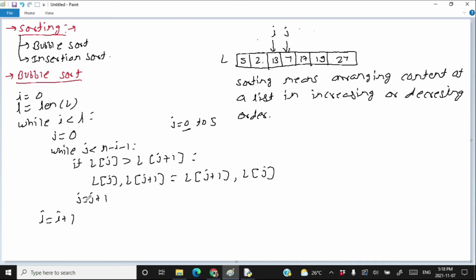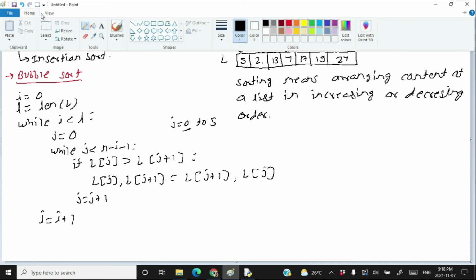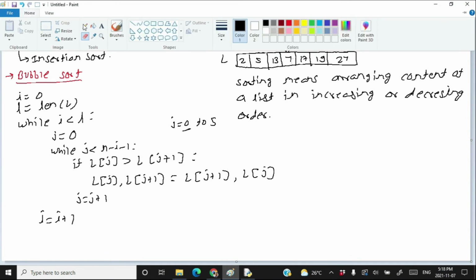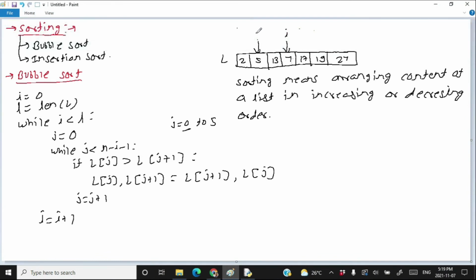Now the value of i will be increased to 3. Increase the value of i to 3 and set j at 0 again. Again you start comparing. 5 is greater than 2. Yes, so just swap it. Keep on increasing the value of j and compare it with j plus 1.